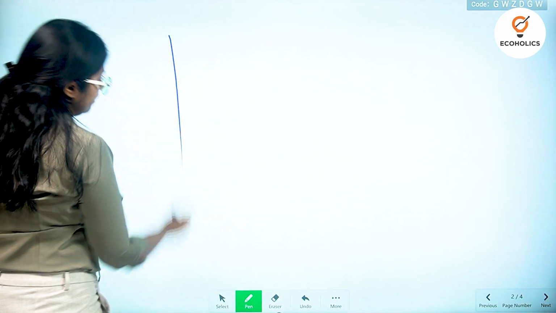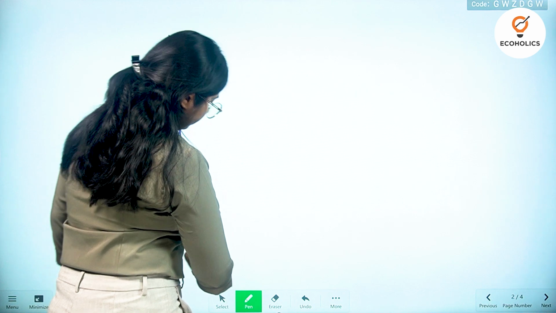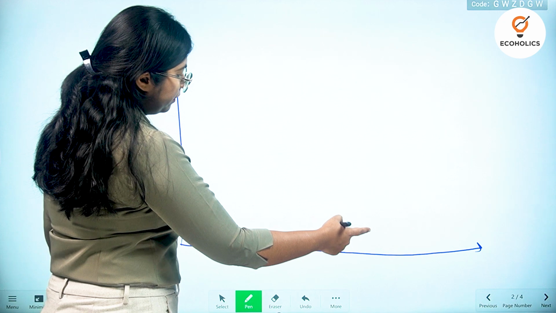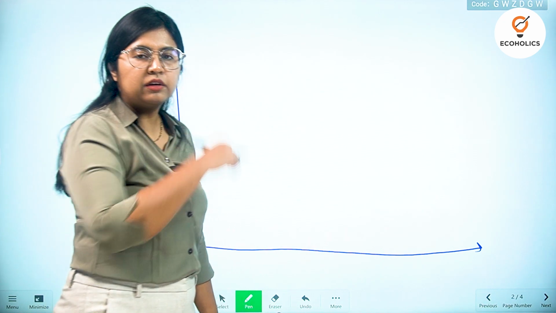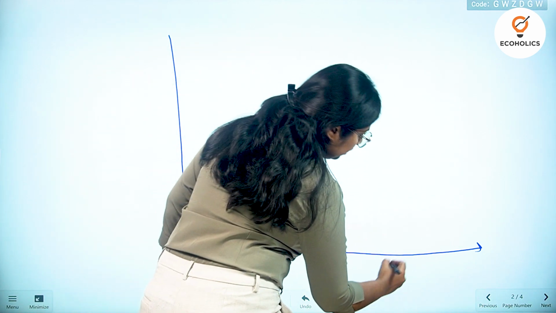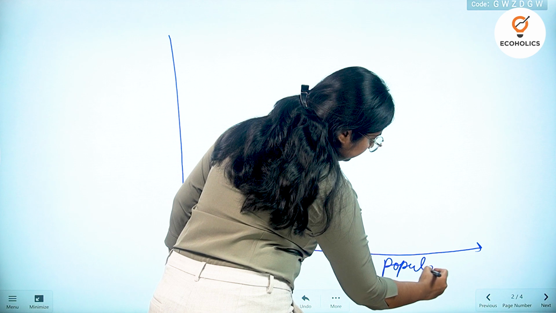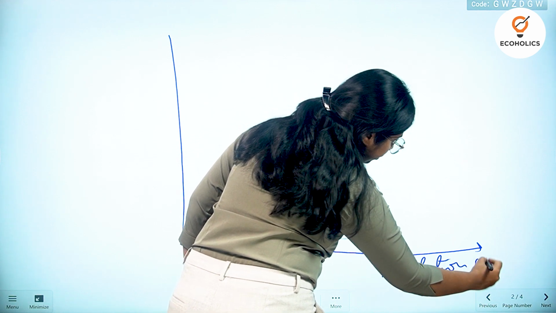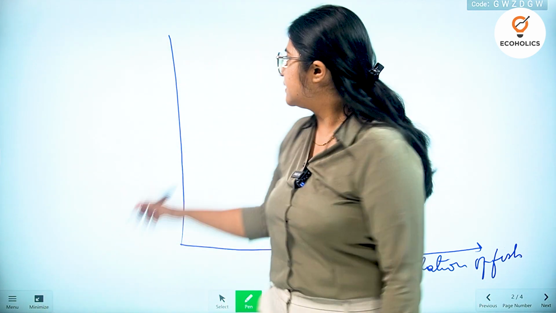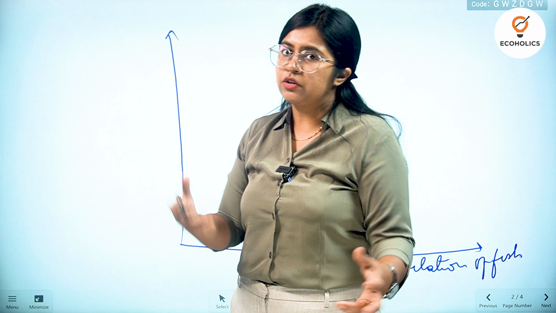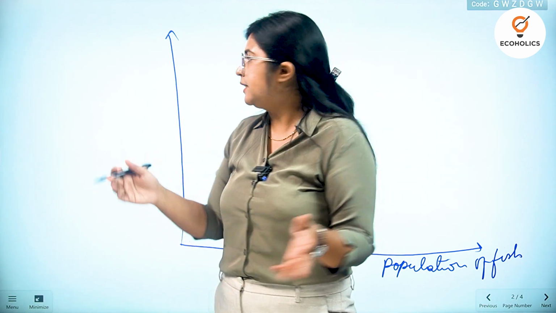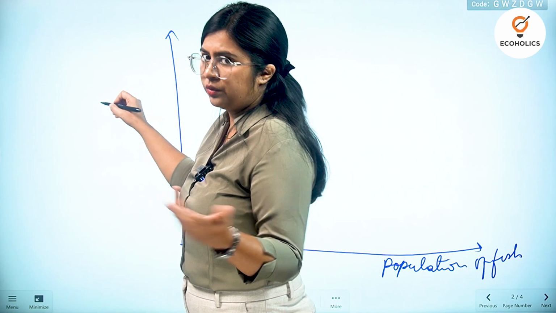Let's say on the x-axis we have the population of fish, and on the y-axis, what do we have? Because we want to understand this model through an economic perspective, we'll take the revenue that is earned.